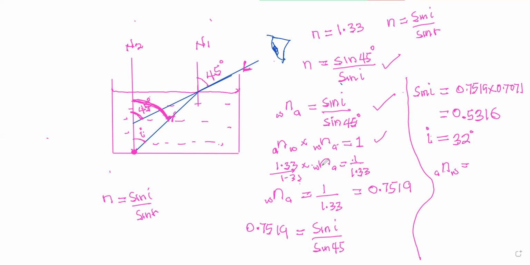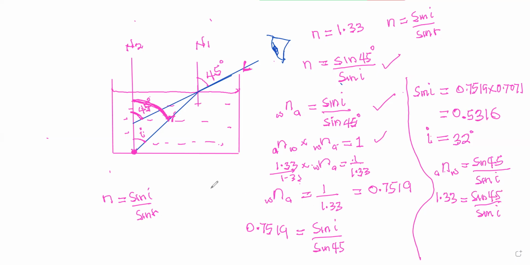So you can also pick it from sine of 45 over sine of I, so that the absolute refractive index, which we are given as 1.33, will be equated to sine of 45 on sine I. And the value of I will be the same as what we got.